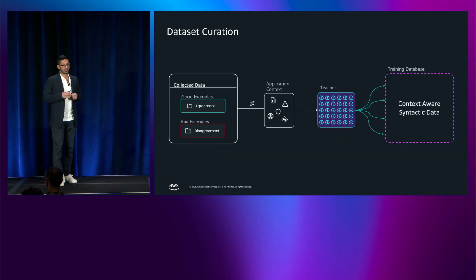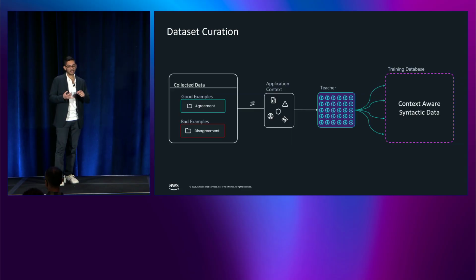So, again, we are starting with the collected data, good and bad examples. Good examples where our researchers reached an agreement with the agent. Then, since in the data cleansing process we removed a lot of data through anonymization and normalization, we want to bring back some of the context, right?